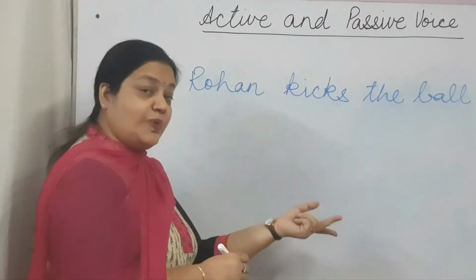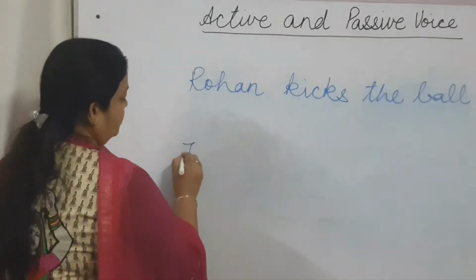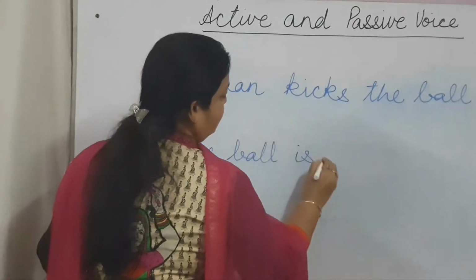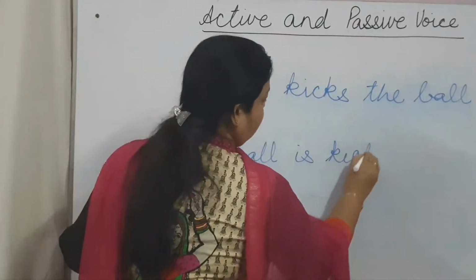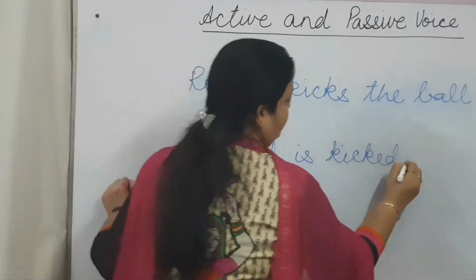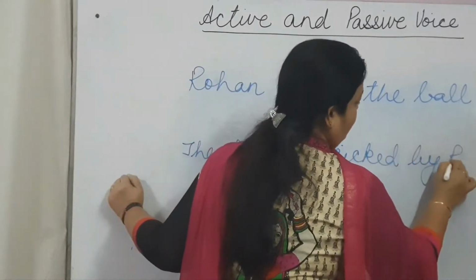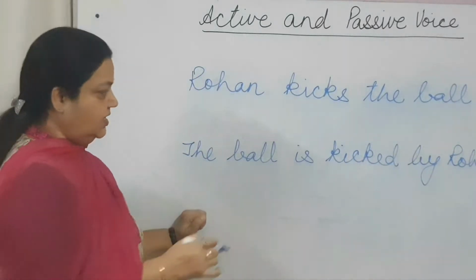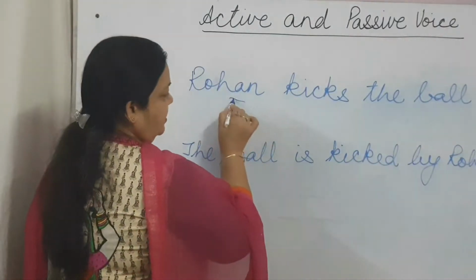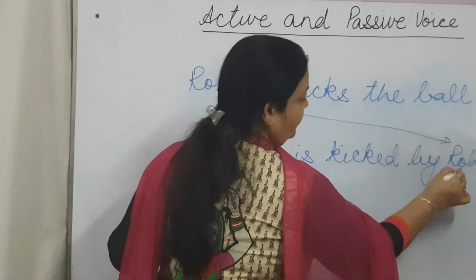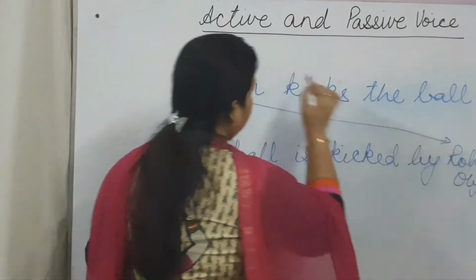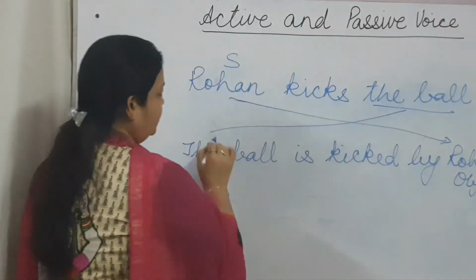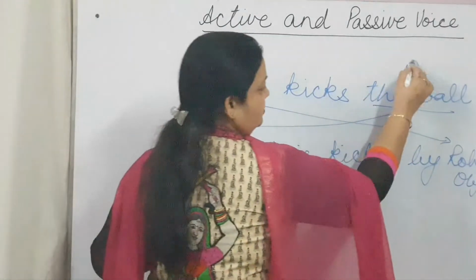Now when we turn it into passive voice, it becomes the ball is kicked by Rohan. Now you see that this subject has gone to the place of object and this object has taken the place of subject.